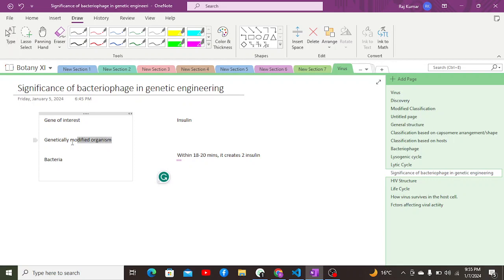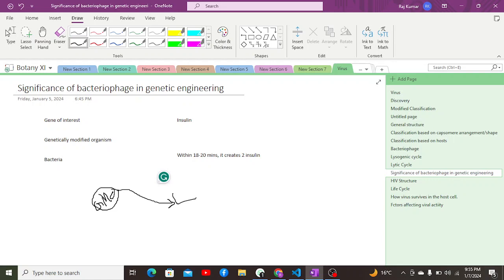Whatever the genetically modified organism is, when it replicates itself, it will replicate the gene of interest as well. For suppose this is a GMO I've taken, and this GMO has the gene of interest I've inserted. Let's suppose we have the insulin gene of interest in it.